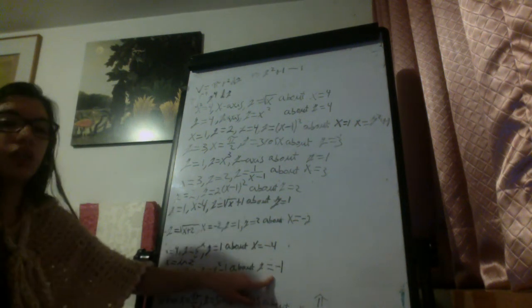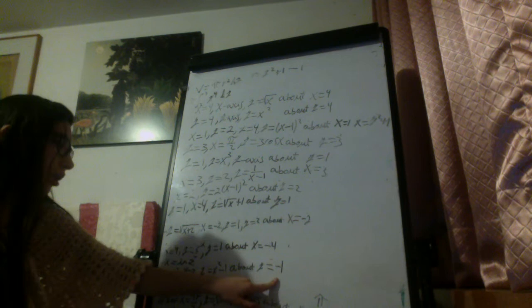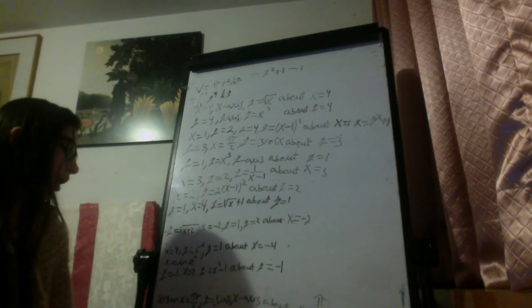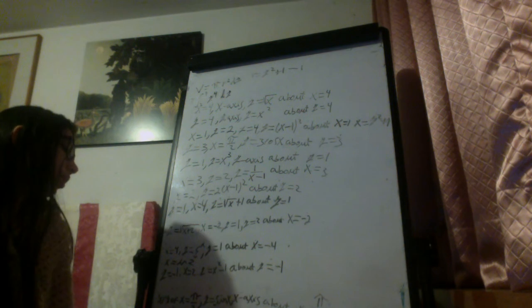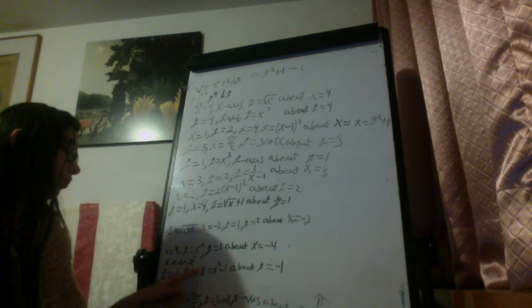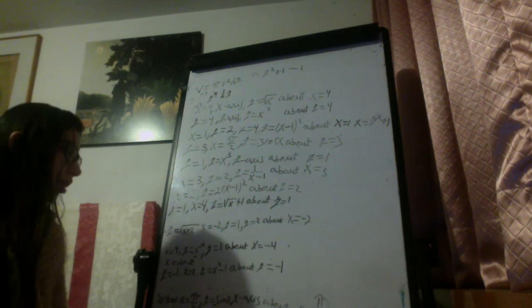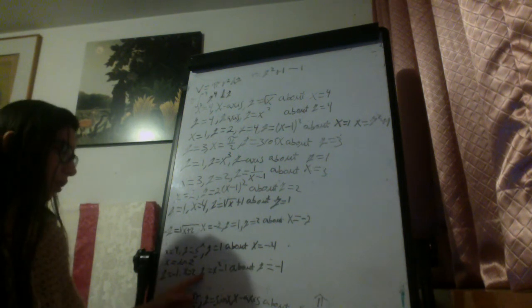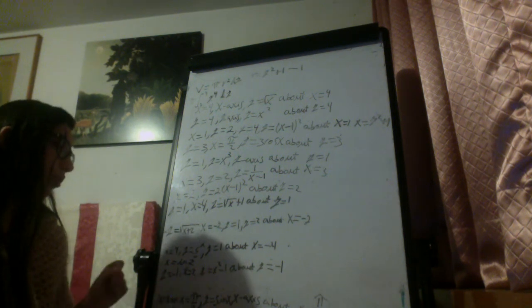Alright, the last two problems. This one we're rotating about y equals minus 1, so all in terms of x. One of the bounds of integration is x equals 2. The other will be when this function and this line intersect, so when y equals minus 1, x is equal to 0.